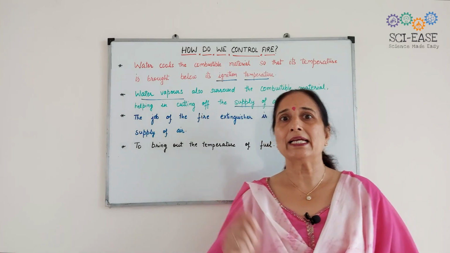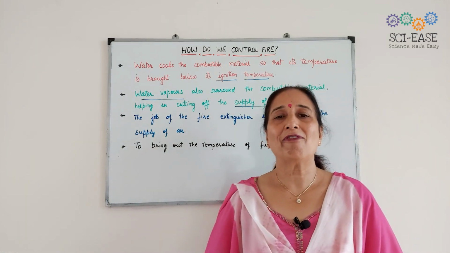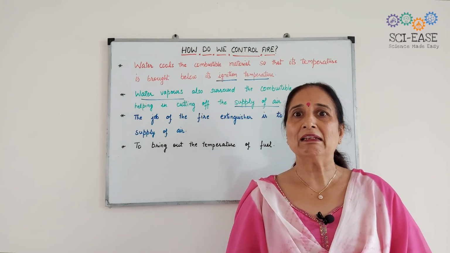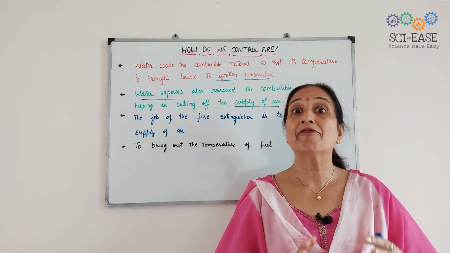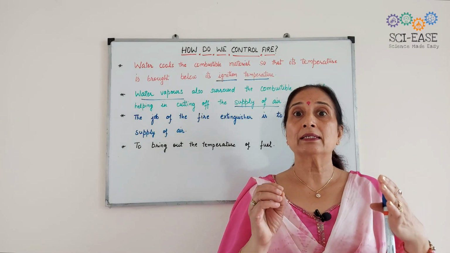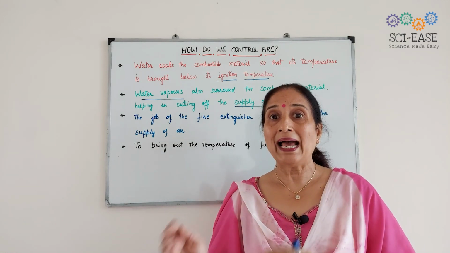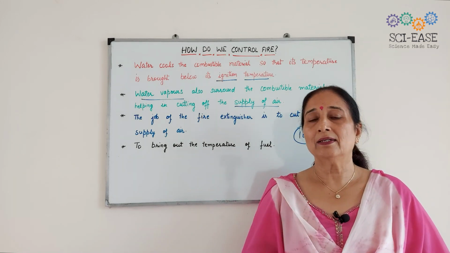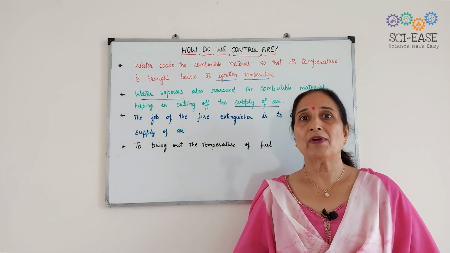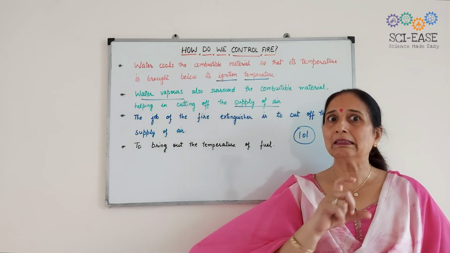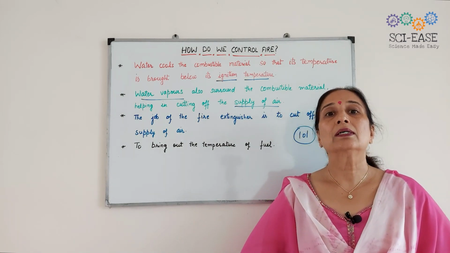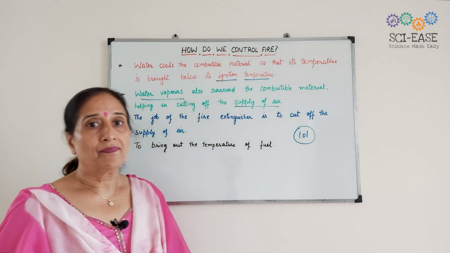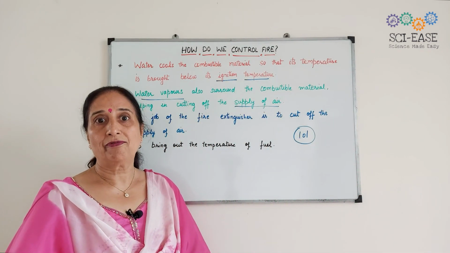So in that case, what we use is the fire extinguisher. You must have seen fire extinguishers outside every building, outside every lab or school, red in color. What is there in that fire extinguisher? Carbon dioxide gas is released to extinguish the fire.